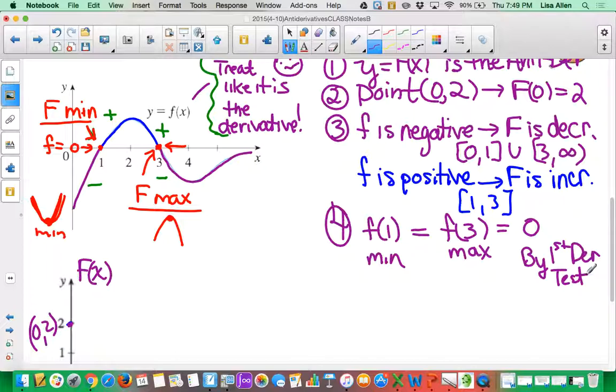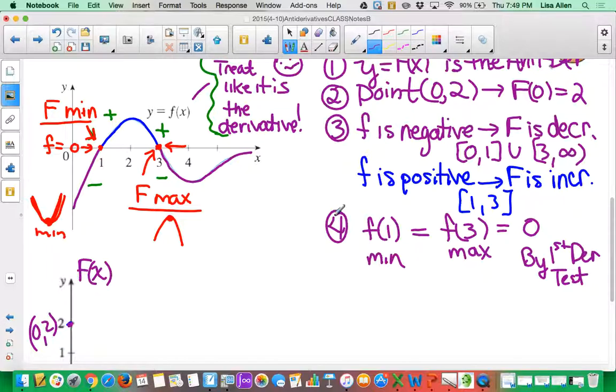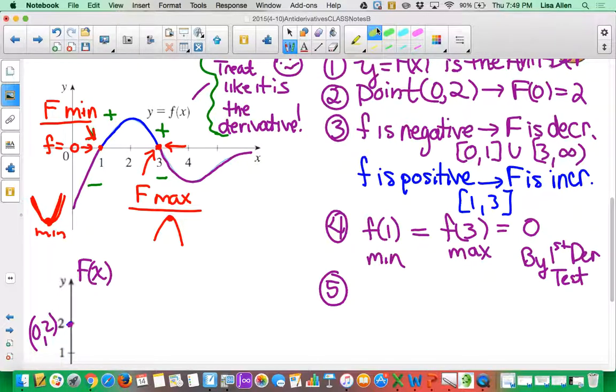Okay, so let's look at number 5. Then we're looking at what's going on at the graph, what's happening as x is getting bigger. So we notice some things going on. For number 5, I'm looking at what's happening to the function as x comes out here.